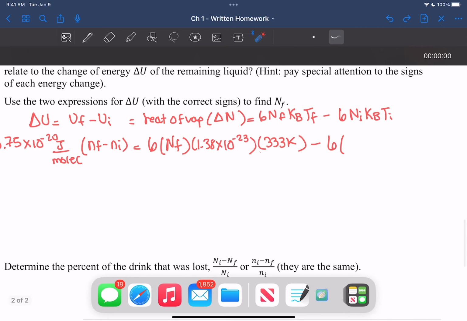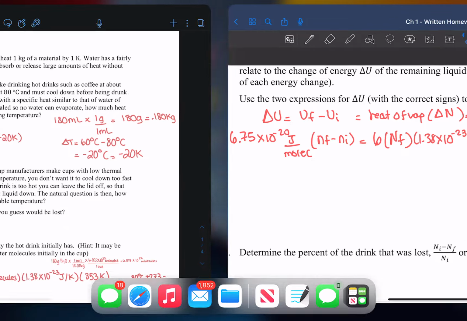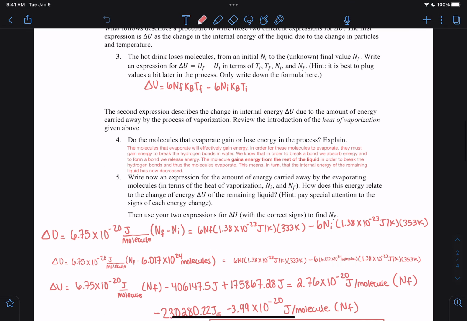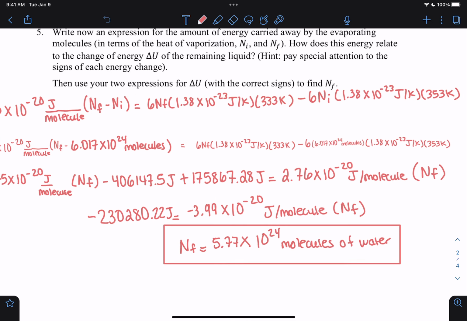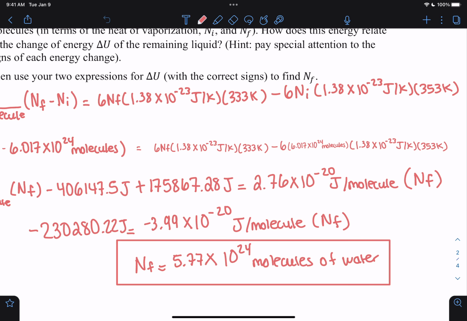Actually, one second here. If this is the same as my homework, I think this was the same as my homework. Yeah, go ahead, Matthew.